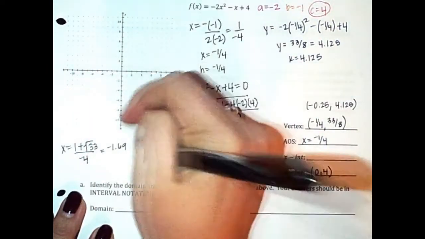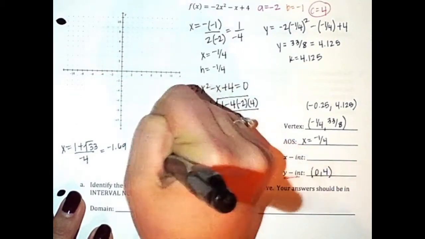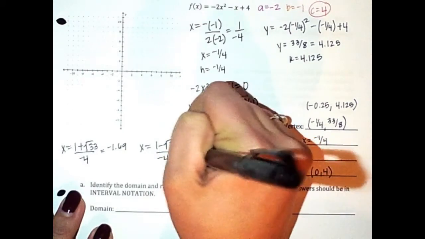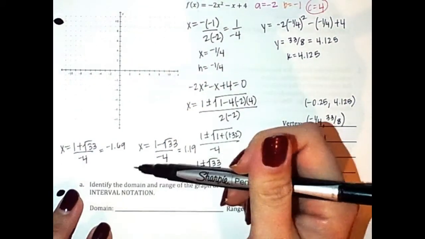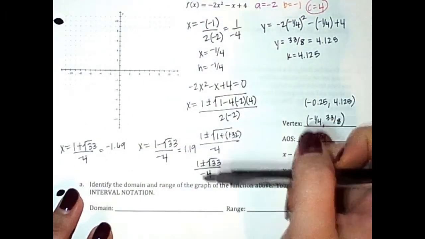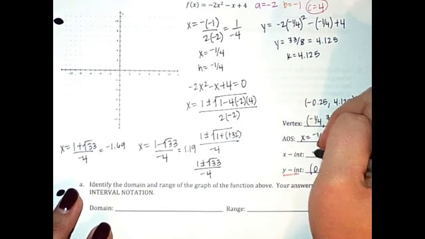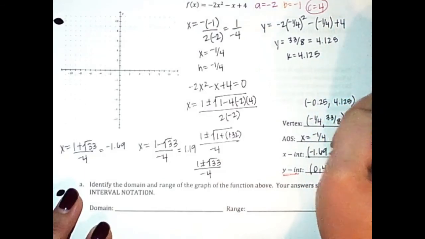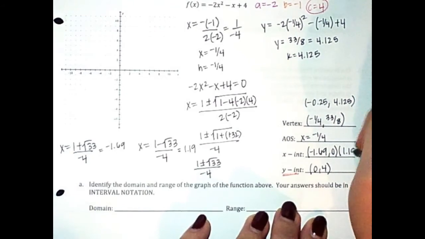And then I would plug in 1 minus rad 33 over negative 4, which gets me 1.19. So either way you want to write your x-intercepts is totally fine. You could write it as 1 plus or minus rad 33 over negative 4, or you could write it as the decimal. So either way, I don't mind. I'm not going to be picky there.